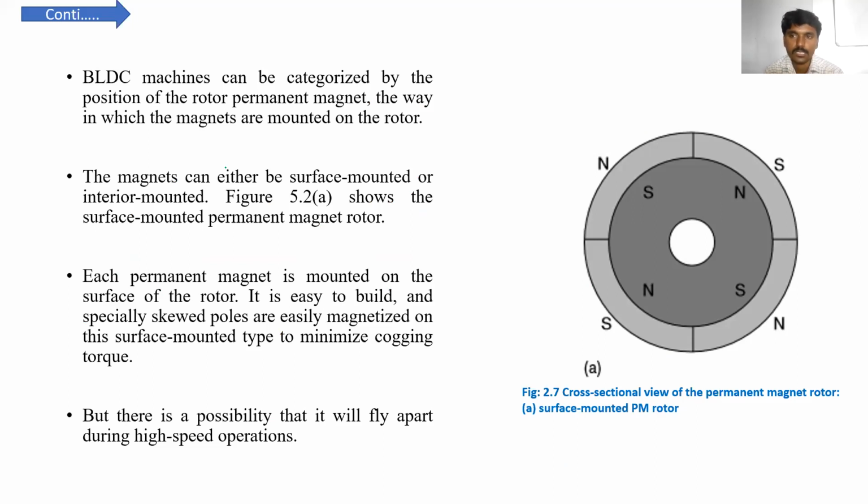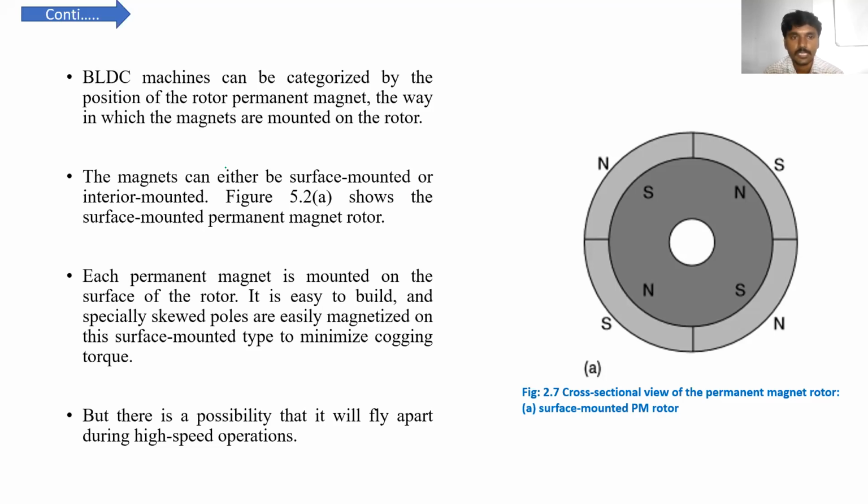It depends upon the rotor construction: slip ring induction motor and squirrel cage induction motor. Similarly here, the brushless DC motor is classified into two types based on the placing of the magnets on the rotor.